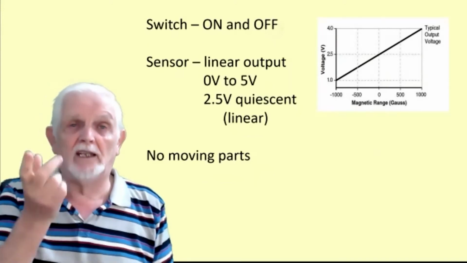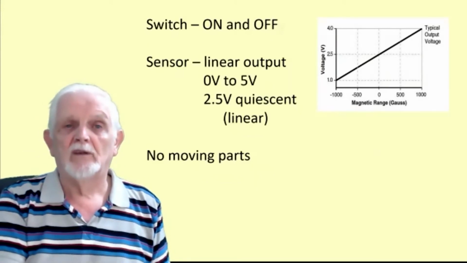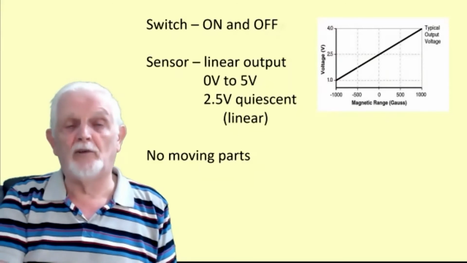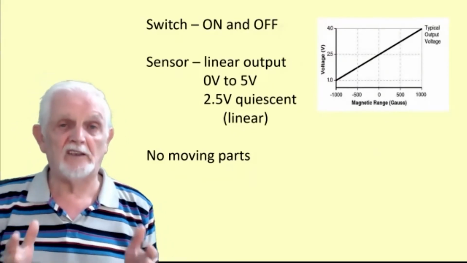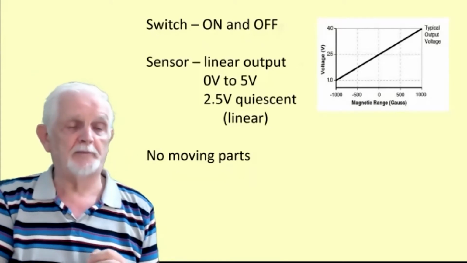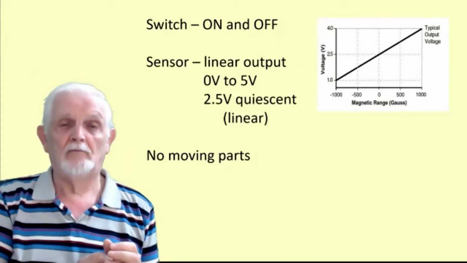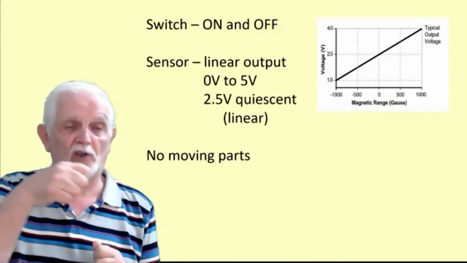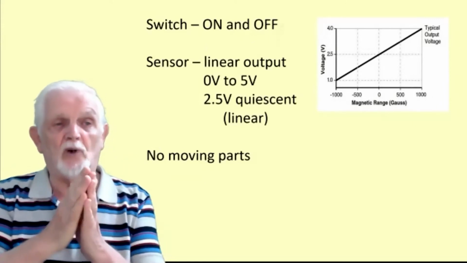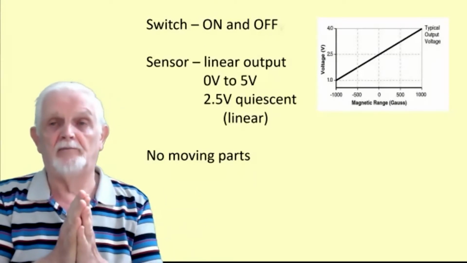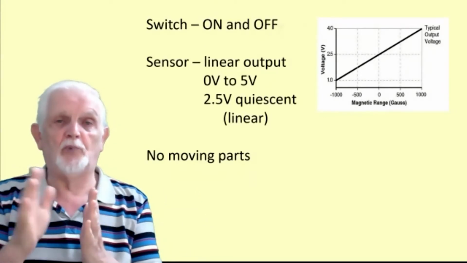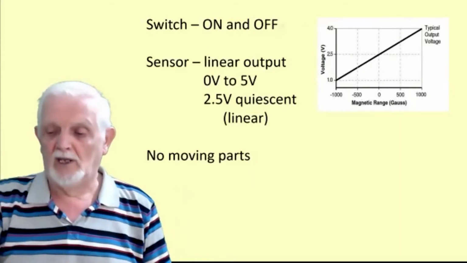But if you take the linear one, you get a 5-volt range. And when you first put power on it, it sits at 2.5 volts. Depending whether you put a north pole or a south pole, it'll either go higher than 2.5 or go lower than 2.5. So we now know whether a north pole or a south pole has been placed near it.